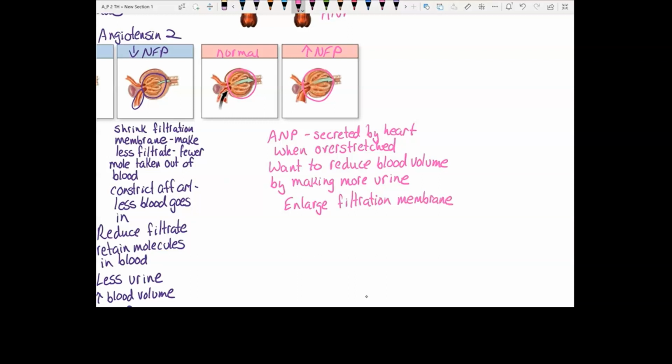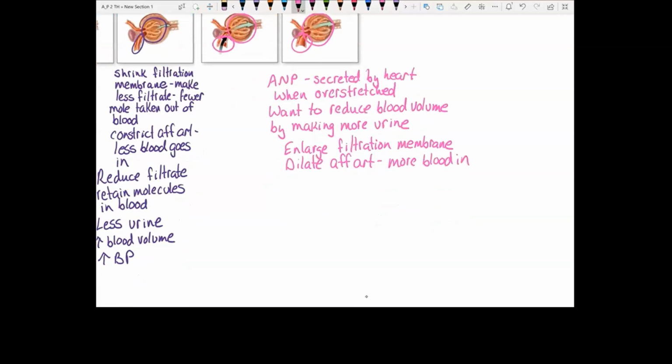And the afferent arteriole, if you compare it, is dilated, so that more blood goes in. By having a bigger filtration membrane and more blood going in, you will remove more molecules from the blood.